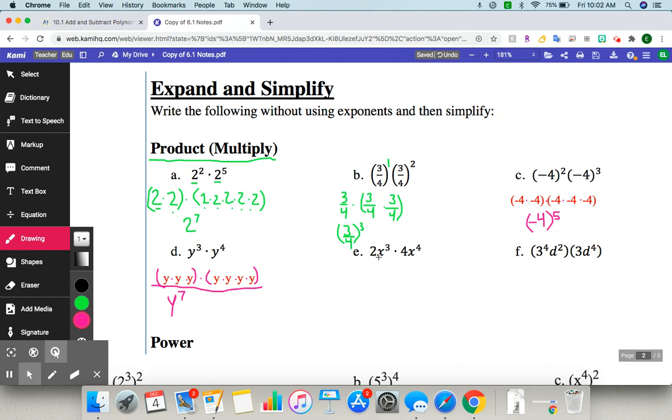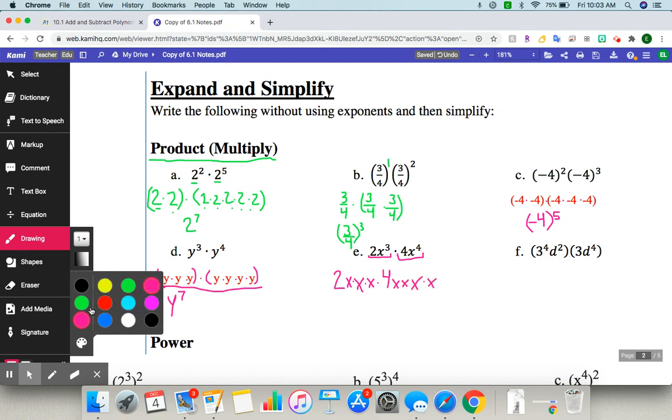Now in part E, notice 2x to the 3rd power would actually be written as 2 times 3 factors of x. Notice the exponent of 3 does not apply to the base of 2, but only to the base of x. And in 4x to the 4th, the same occurs where we just have 1 factor of 4, but then 4 factors of x.